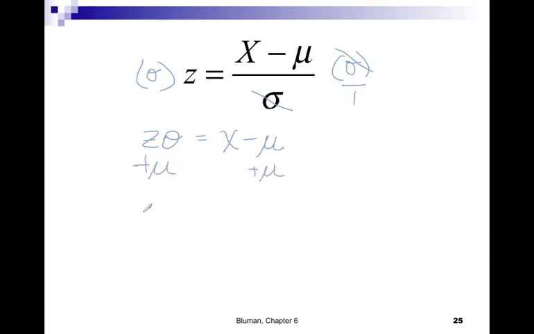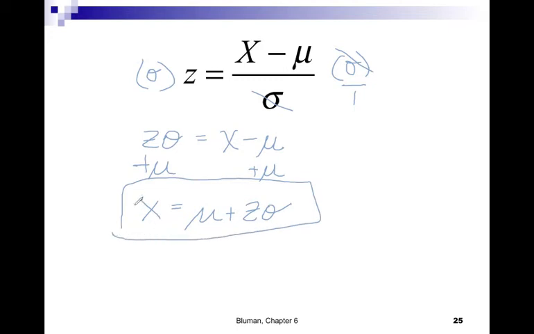Okay, so x is equal to mu plus z sigma. And that's the score that we just saw, but that's how you get it. So if you forget this formula, all you have to do is remember one, and then remember how to algebraically work through and solve for a different variable. Or you can remember both of the formulas.